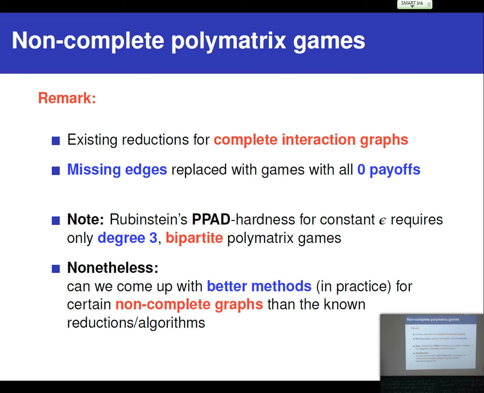So I'm not claiming here that there are necessarily theoretical open problems, but it might be nice to think about, if you actually want to solve polymatrix games, how you can do things when you have non-complete graphs with many edges missing, how you can write these down and solve them in better ways than maybe these reductions I showed you.